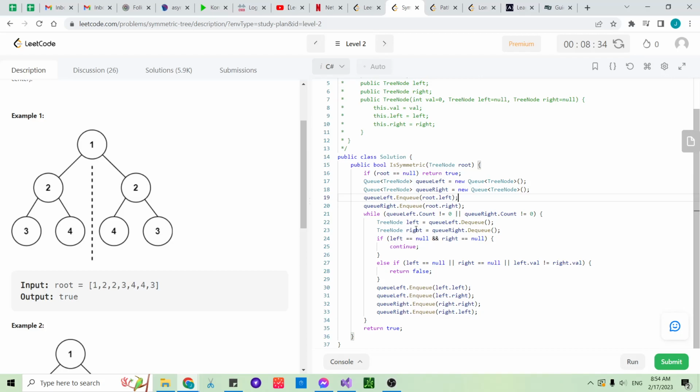Although we are constantly enqueuing and dequeuing, so we actually never stored more than whatever is on the last row. So we enqueue these and we dequeue them right away to enqueue these, and then we go through these one by one to enqueue their children, but we also dequeue them right away.